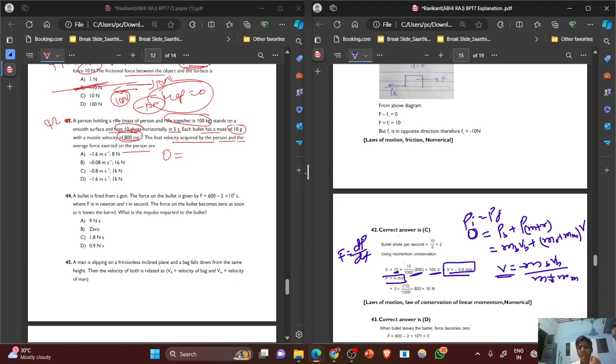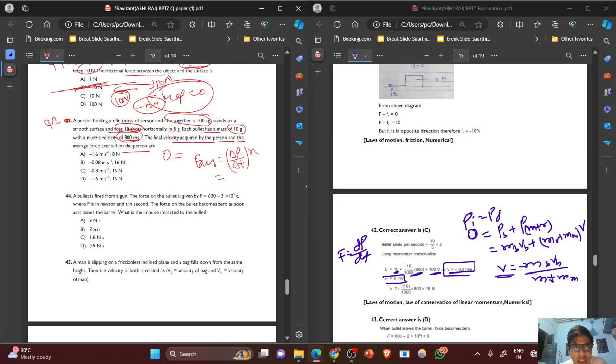In every 5 seconds, what is it doing? It is shooting. So change in momentum over time, because in every 5 seconds it is shooting. So your average force will be change in momentum upon change in time, and the number of shots, that is, the number of balls that it has shot, multiplied with n.